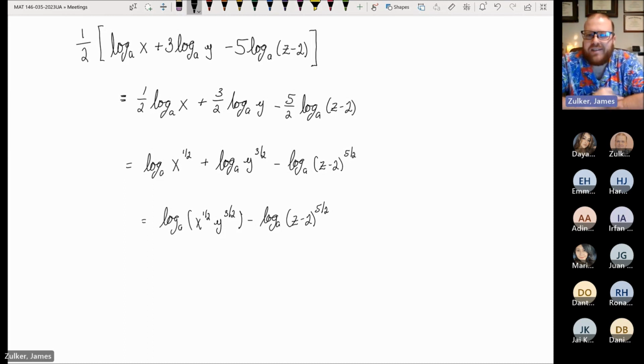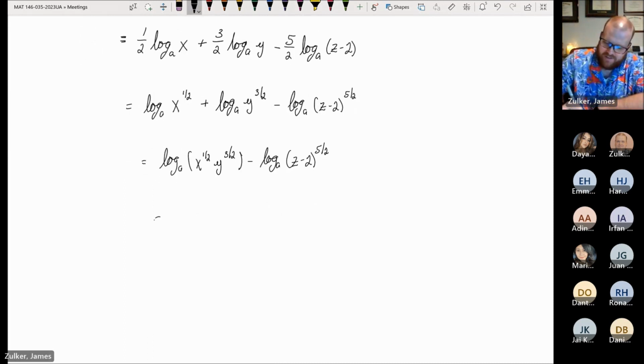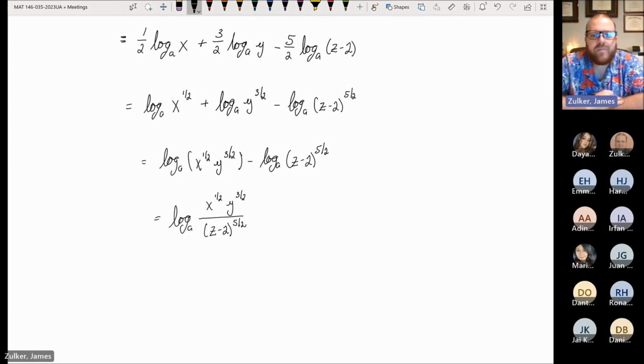Now we have the difference of logs. Then we can leave it like that.